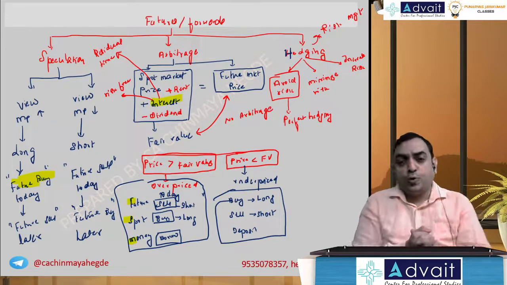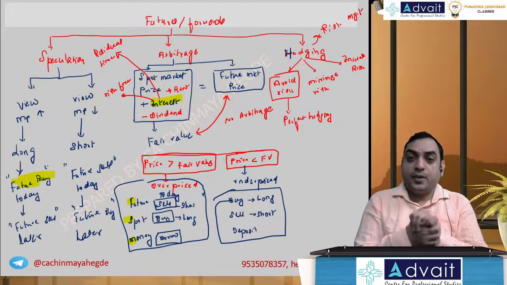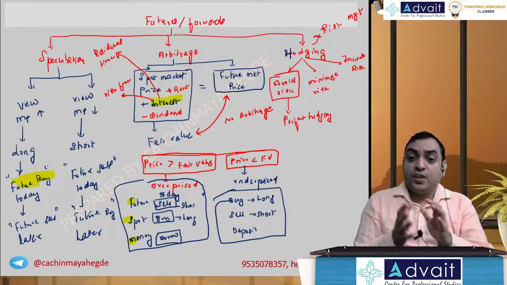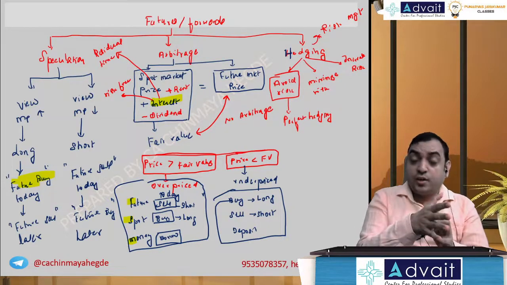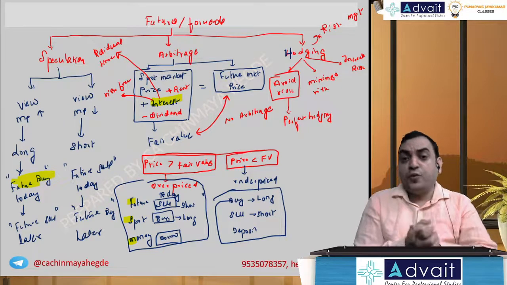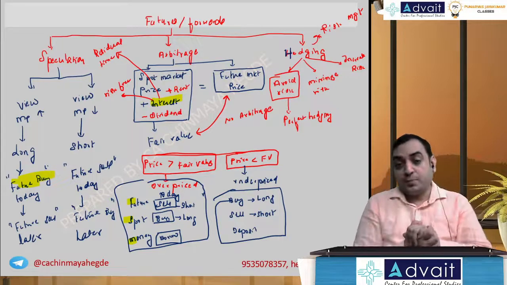This can be proved either by settlement on delivery basis or settlement on net basis, square off basis. Settlement on delivery basis means the agreement you entered will be executed and the profit will come to you, which is exactly the difference between fair value and future price.